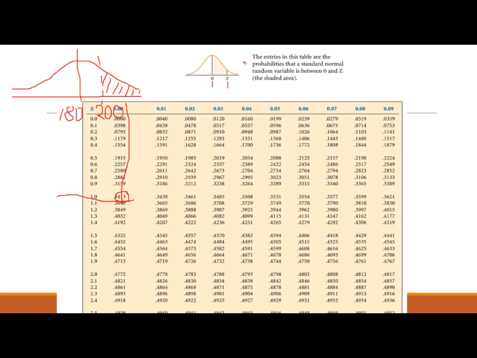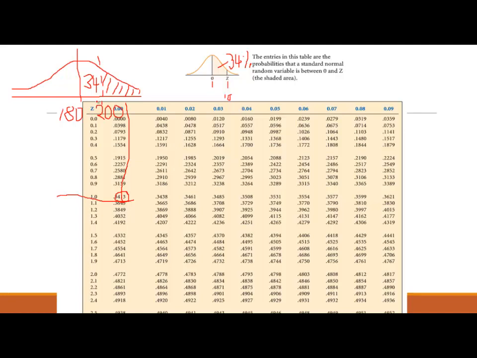So what this is telling me is that this area between the mean and one standard deviation is 34%. That's great, except that is not what I was looking for.